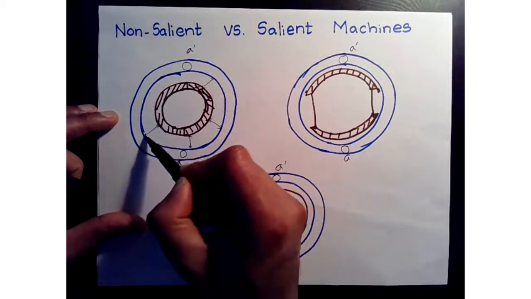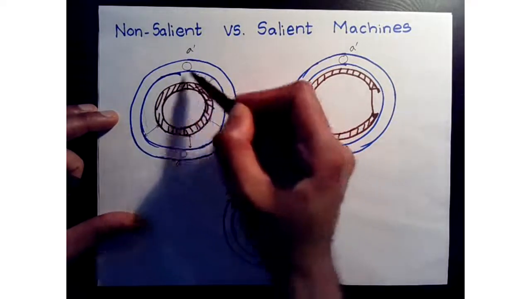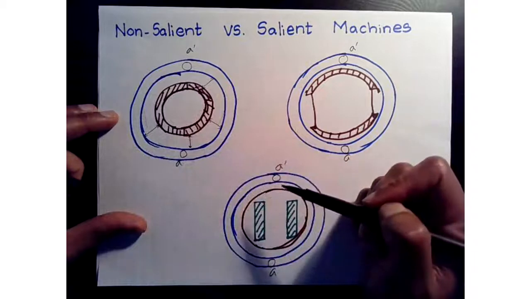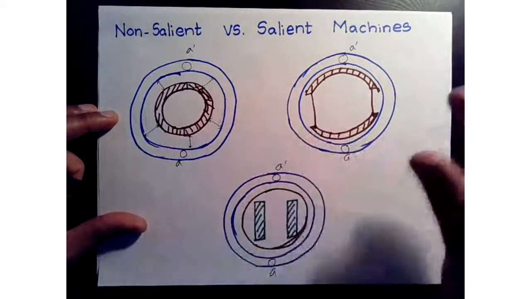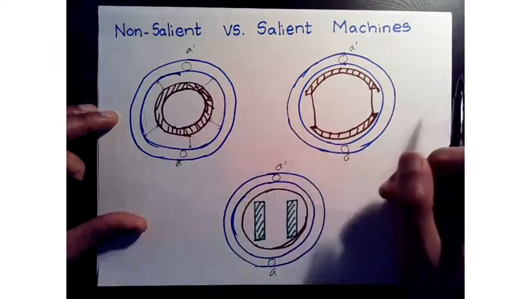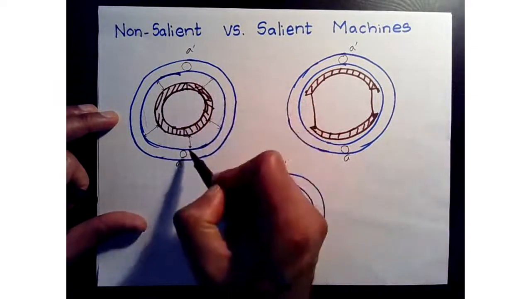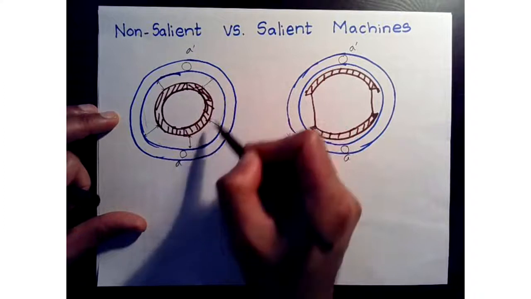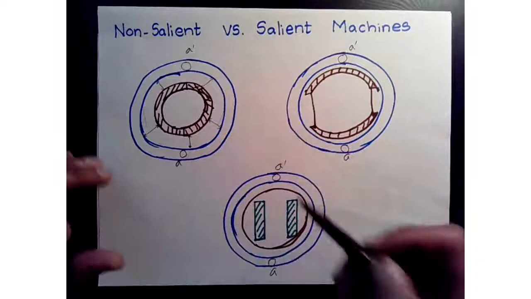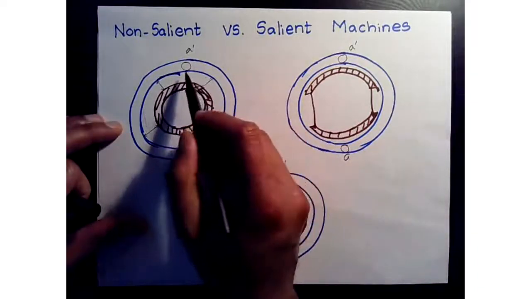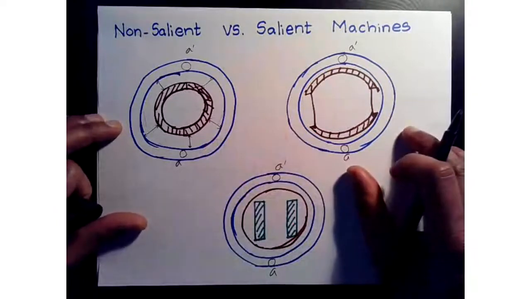Imagine, my drawing skills are really good and I have the same air gap length around the rotor. So it's going to see the same size air gap around the motor. In practice, this is a very small air gap, I'm exaggerating here, and it's going to be consistent. So when we look at the reluctance and calculate the inductance, every time that air gap amount is going to be constant.